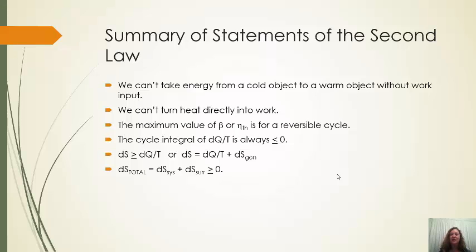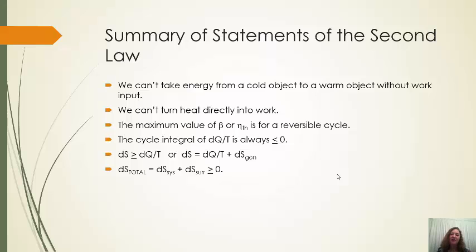And the Kelvin-Planck statement: we can't turn heat directly into work. So it's telling us our limitations. The next one is also a form of a limitation: the maximum value of the coefficient of performance or the thermal efficiency is for a reversible cycle. Real cycles will always have lower performance.